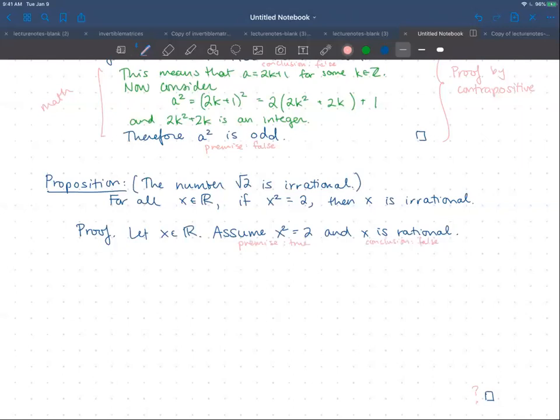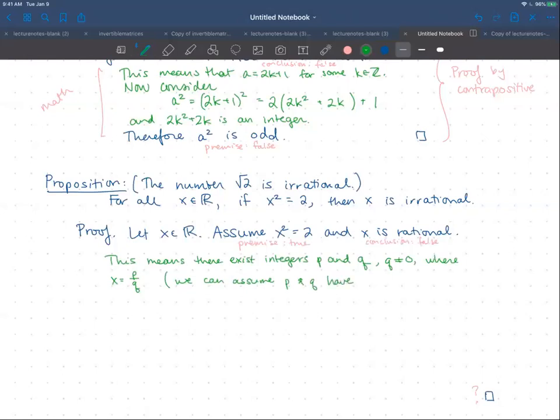So in order to be rational, this means there exist integers p and q not equal to 0, where x can be written as p over q. And we can assume that p and q have no common factors, right?